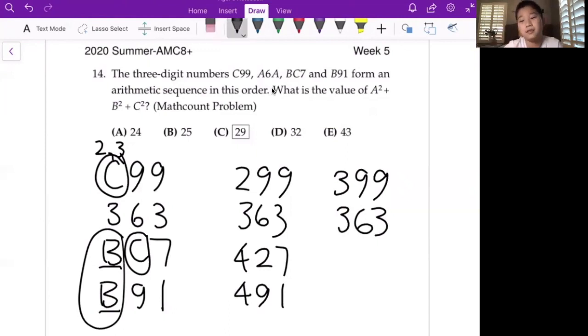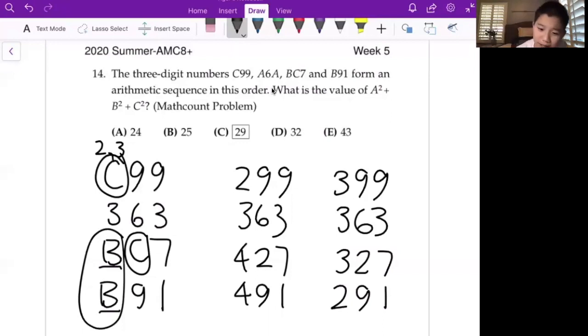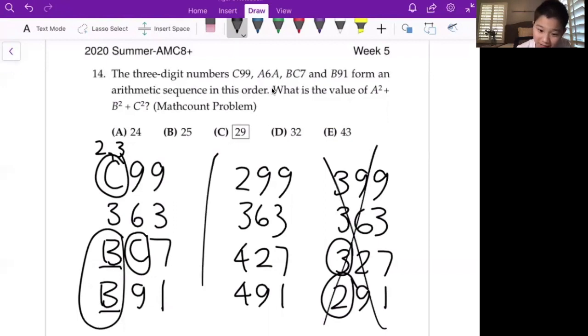So let's do the subtraction. 363 minus 36 is 327, I think. Then 327 minus 36 is 291. So that doesn't work. Is B 3 or 2? B can't be both. So this one doesn't work. So the other one's the answer.